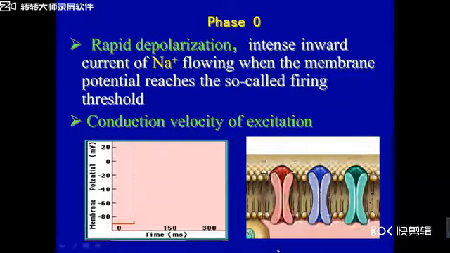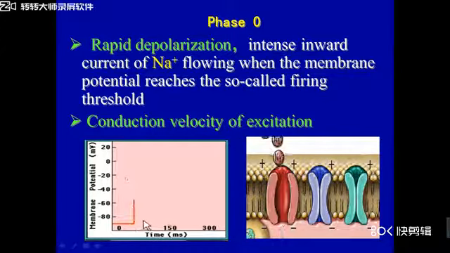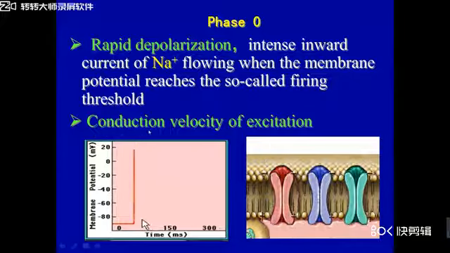So later, the first kind of antiarrhythmic drugs are sodium channel blockers. They block the sodium channel, block phase 0, inhibit conduction, inhibit excitation.